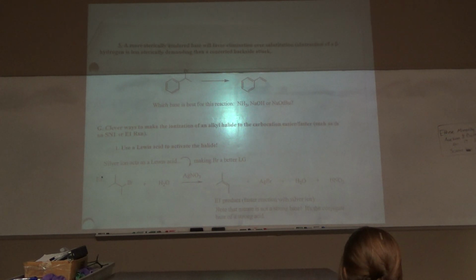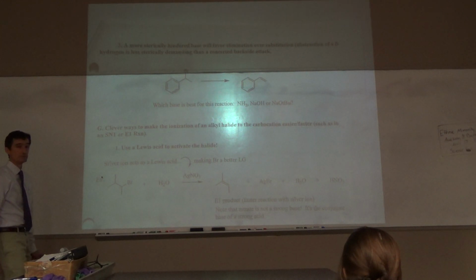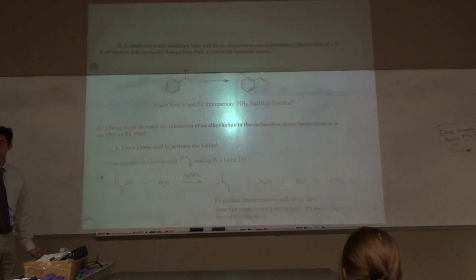They donate what? No, Bronsted-Lowry acid donates hydrogen. What does a Lewis acid do? Doesn't donate it. Takes electrons. It accepts a lone pair.